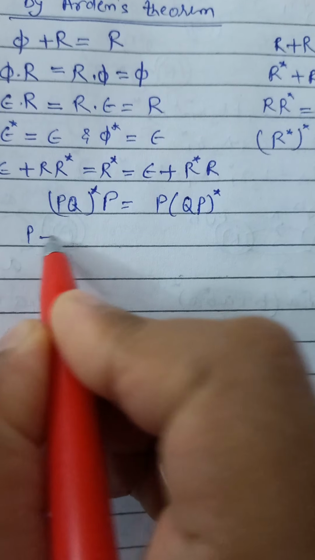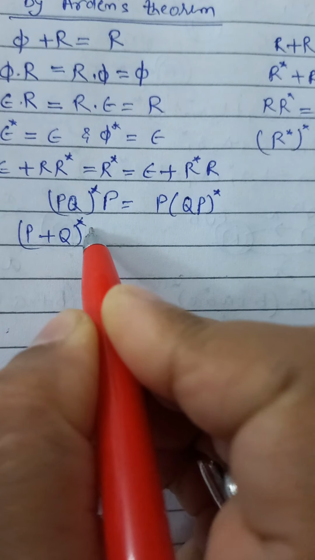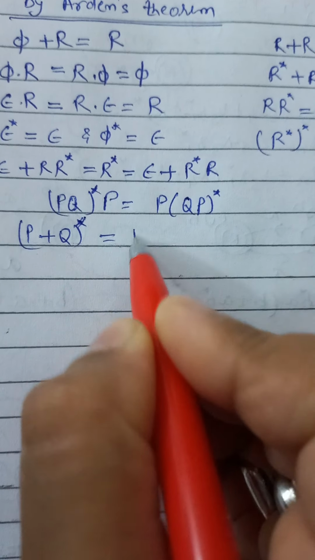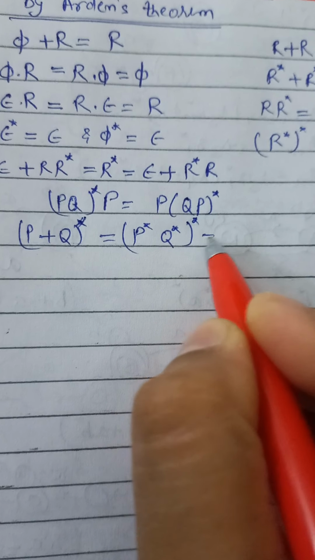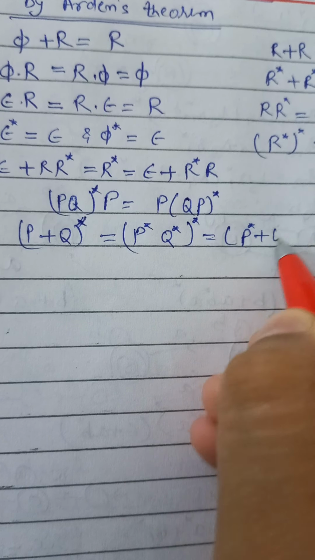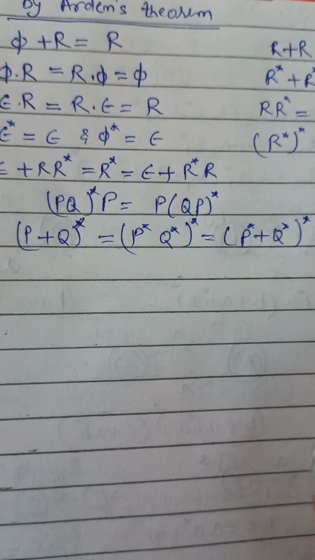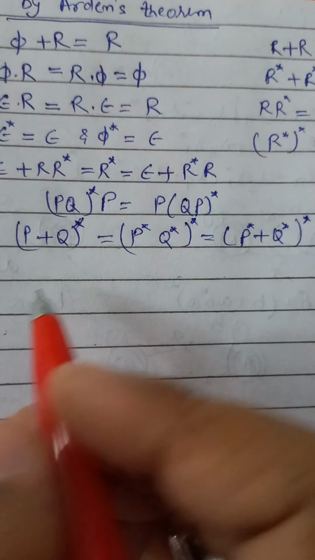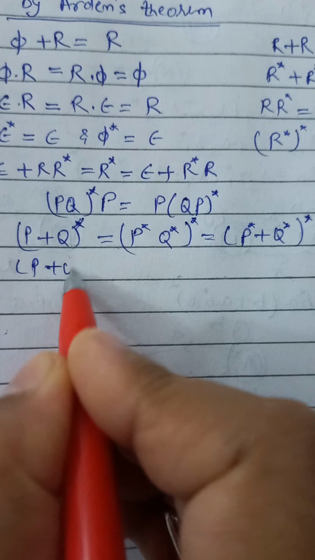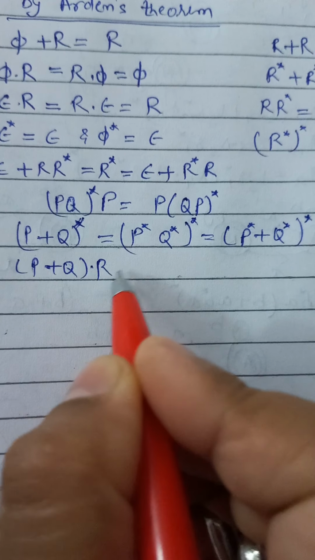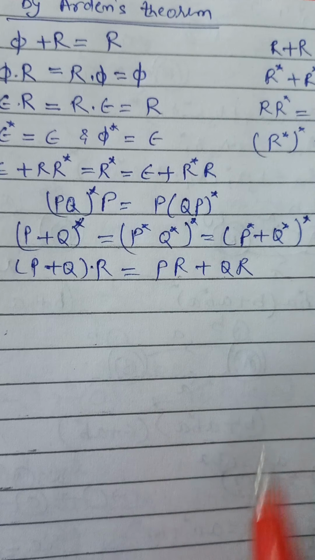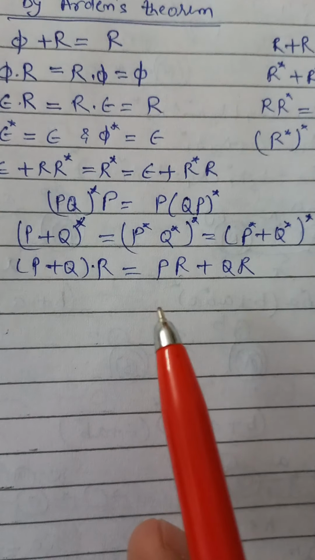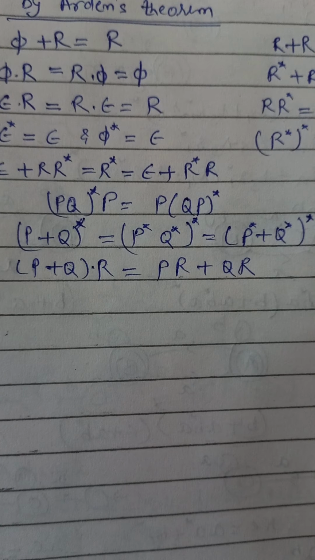And if we have p plus q whole star, then it can be p star q star whole star, or it can be equal to p star plus q star whole star. And if we have p plus q into r, it can be pr plus qr. There are a few rules which we should know before going ahead.